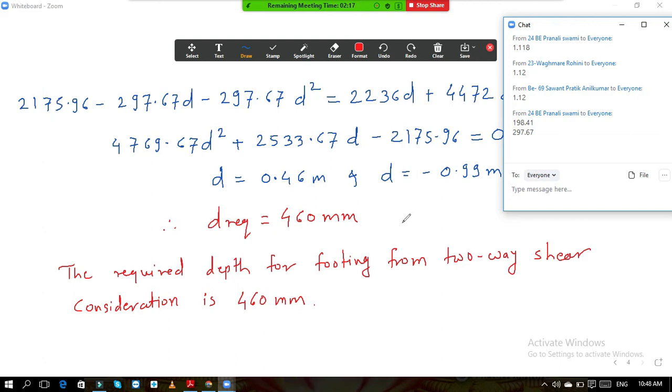Or if you understood, then we will move further. We will go for the depth calculation by one-way shear consideration. Again I am asking if anybody has any doubt in this. If you do not have any doubt, please reply to me in the chat box so that we will move. So now I hope you understood this, and we will move forward.